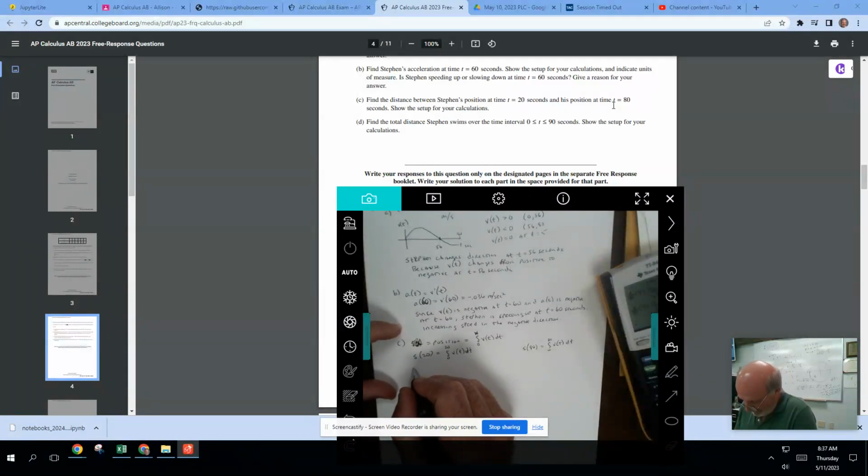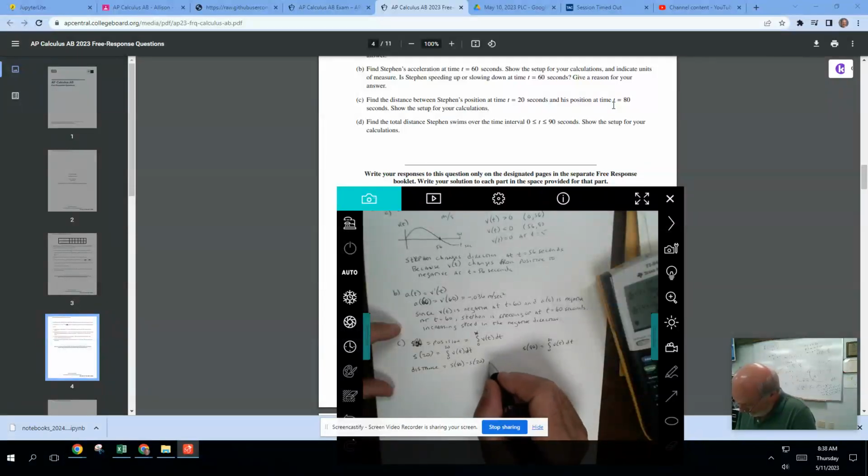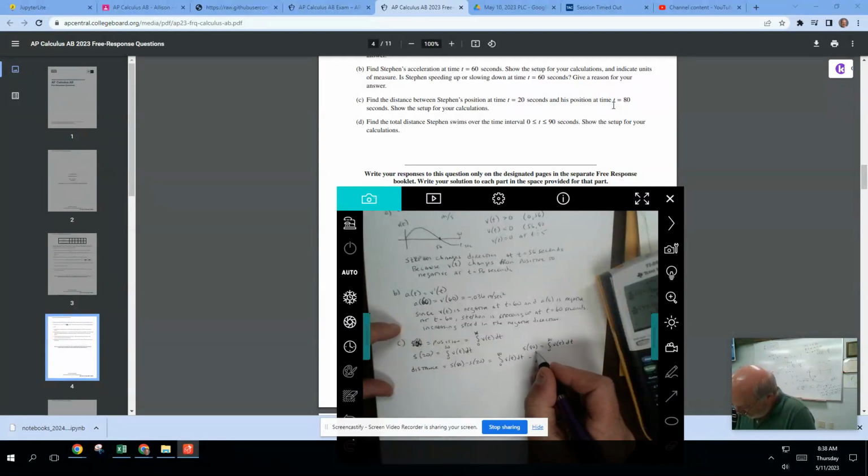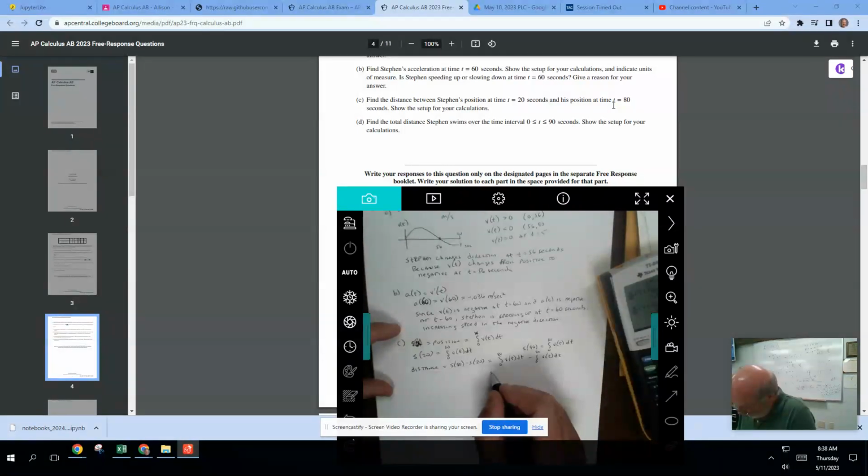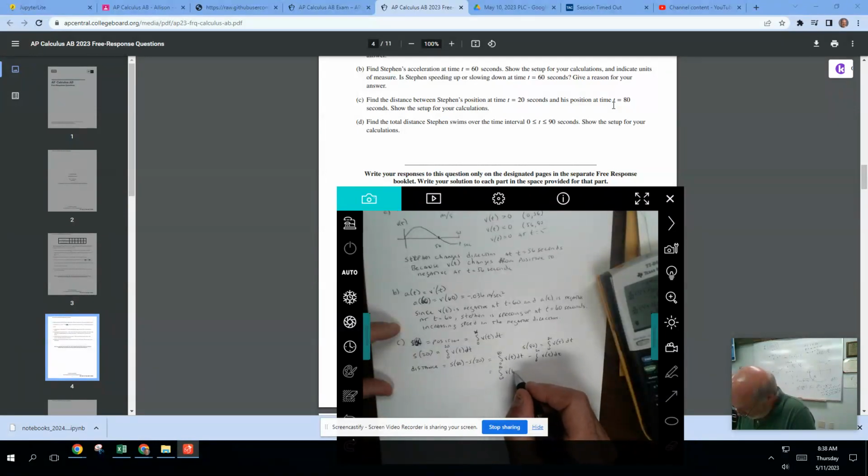And the distance between Stephen's positions is going to equal S of 80 minus S of 20, or the integral from 0 to 80 of v of t dt minus the integral from 0 to 20 of v of t dt, which equals the integral from 20 to 80 of v of t dt.